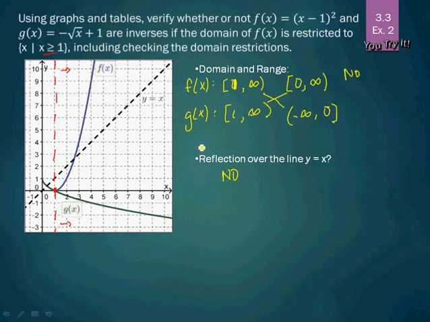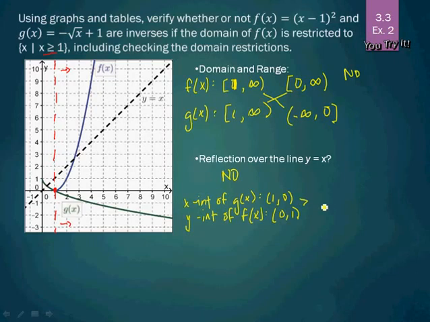Then I just want to point out the x and y intercepts here. Notice that the x-intercept of g of x is (1, 0), and the y-intercept of f of x is (0, 1). Noting those, that actually is the property of an inverse.